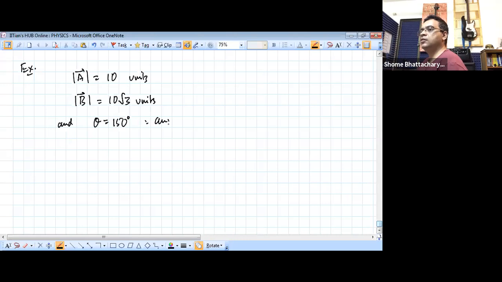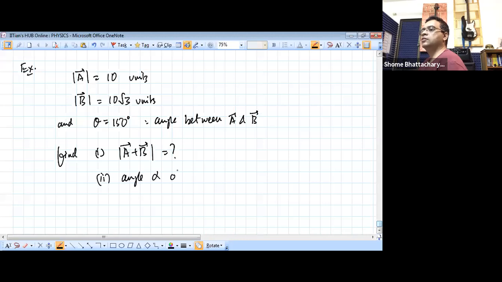That is the angle between A and B. So find the magnitude of A plus B and the angle alpha of the vector A plus B with respect to the vector A.